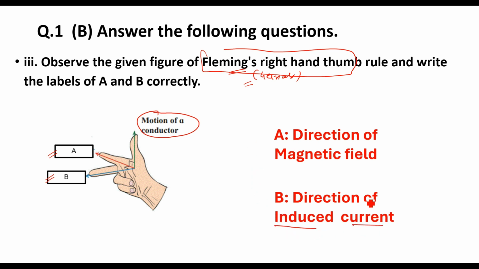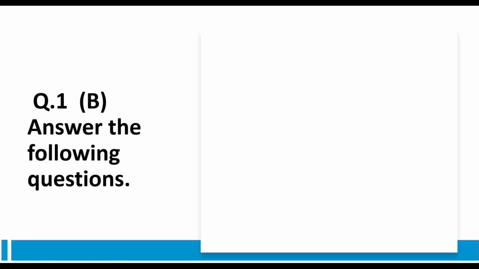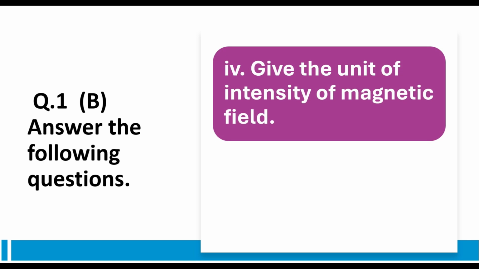See, the word induced current is very important. If the student writes only the current, then the student will not get the mark. When you are writing the 1 mark question answer, your answer should be very particular, especially scientific words are very important.